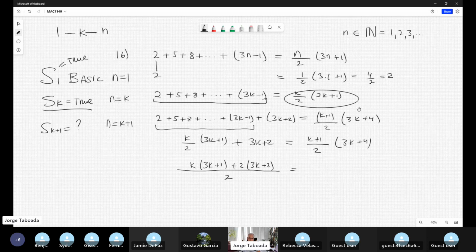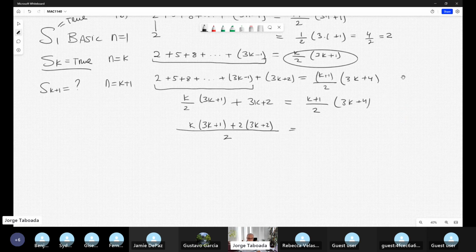Okay, now there are many ways to do this. One way is you distribute it. Here is 3k squared plus k, and you apply the distributive property also here.